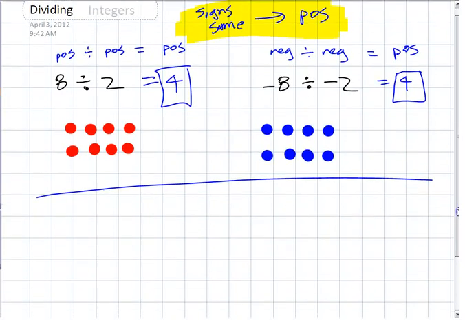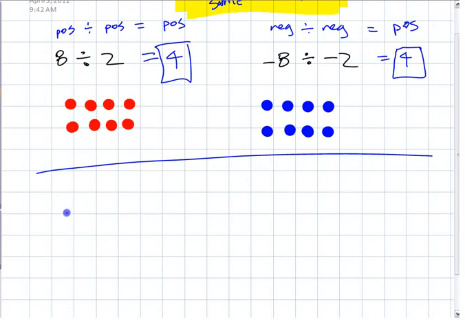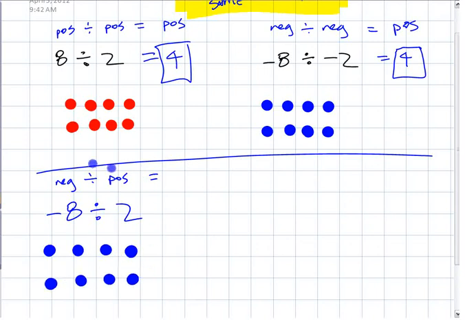If we model it the other way, if we have negative 8 and we divide it by positive 2, so now we got a negative divided by a positive, you can't really do it by saying, how many groups of this number can you make out of this? You can't say how many positive 2s are there in negative 8.